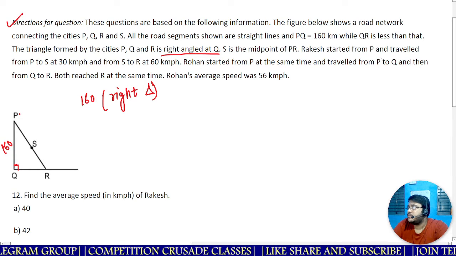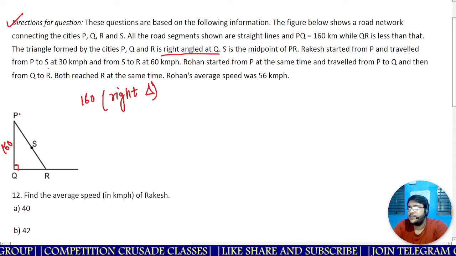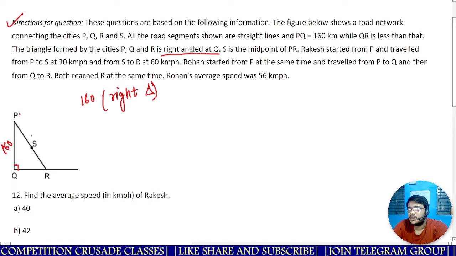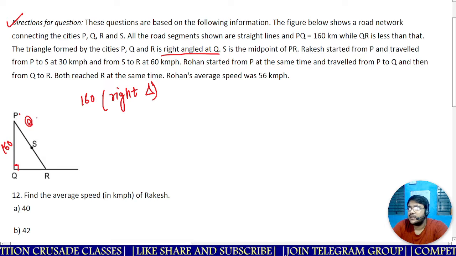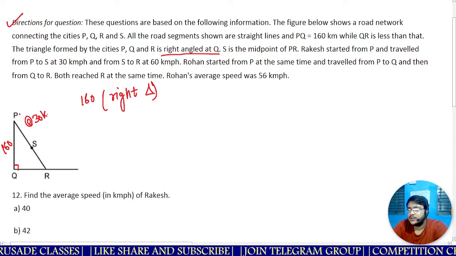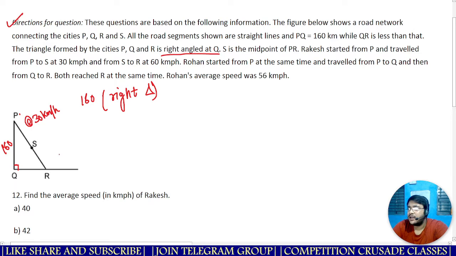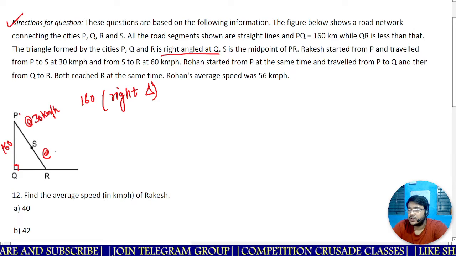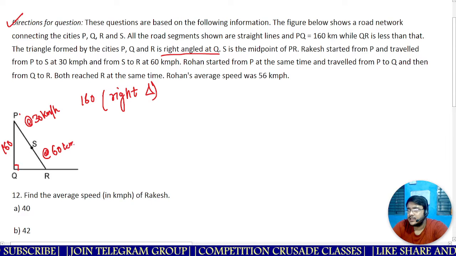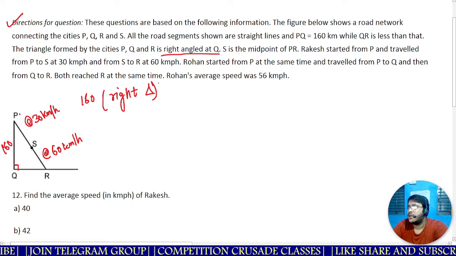Rakesh started from P and traveled from P to S at 30 kilometers per hour, and from S to R at 60 kmph.